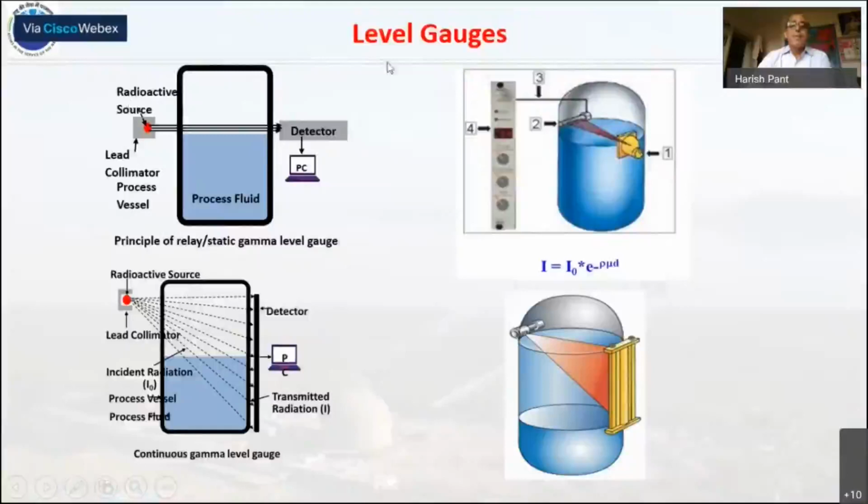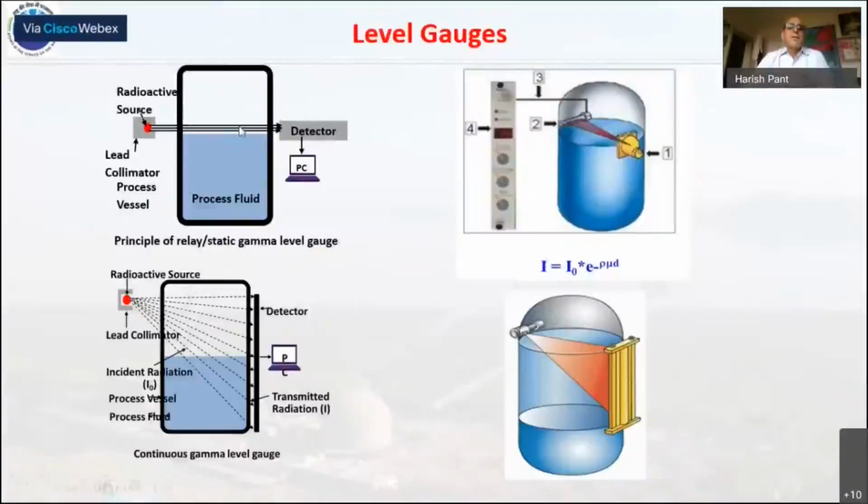This is a level gauge used in industry. You can see a radiation source here and a detector here. If you fill the process material in this container, when the process material reaches up to this location, suddenly the intensity of the radiation on the detector will fall, and it will give you an indication that now this is the level.